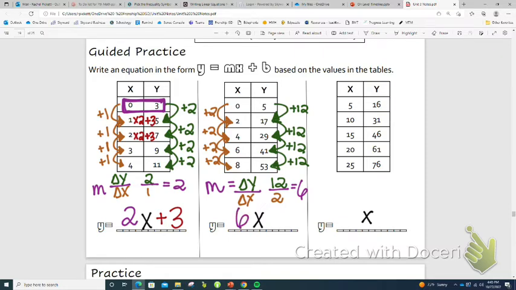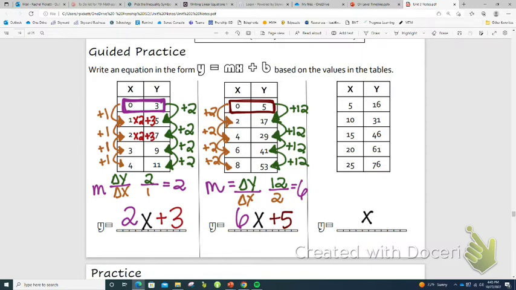Now remember I told you that if it tells you x is 0, then whatever y is is your bonus, your plus b. So we could automatically know that that bonus is going to be plus 5. But let's prove it and check it with 2 and 17.